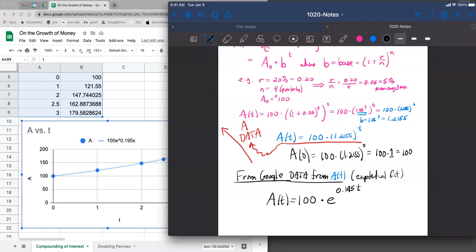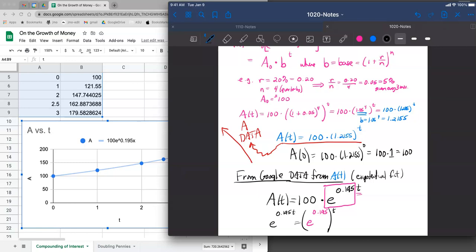But you'll remember from our exponent rules that it is possible to write e to the 0.195t instead as e to the 0.195, to the t power.